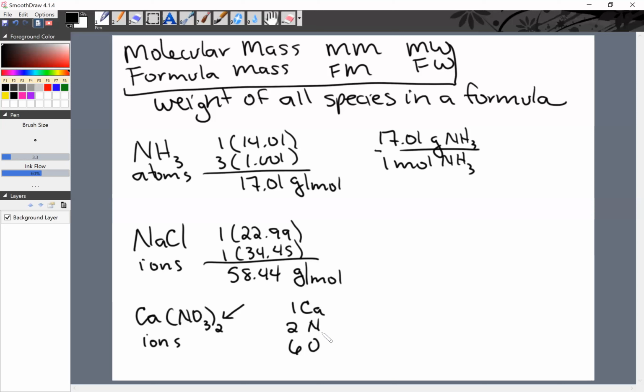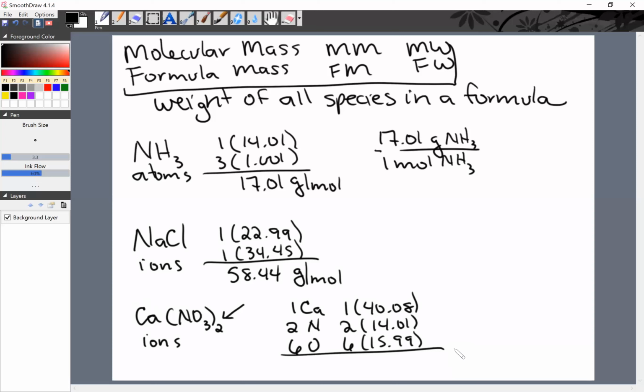Okay, and so 1 calcium is 40.08. 2 nitrogens, each one of them is 14.01, and 6 oxygens is 15.99. So if you add those together, six.